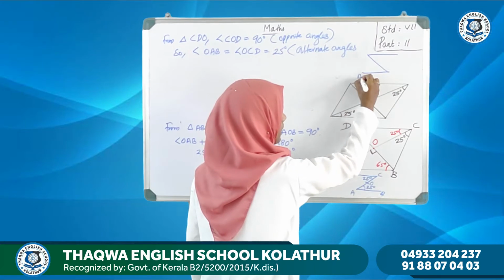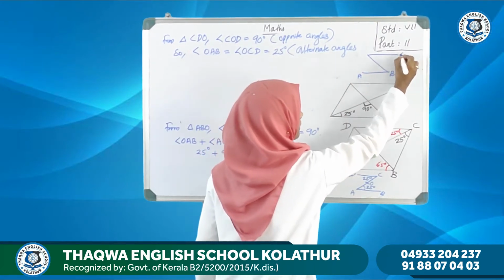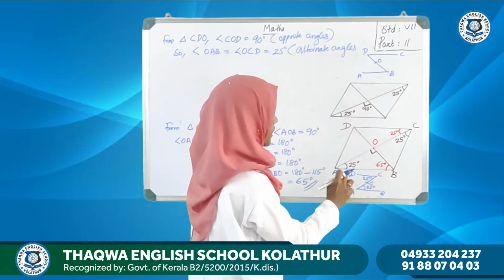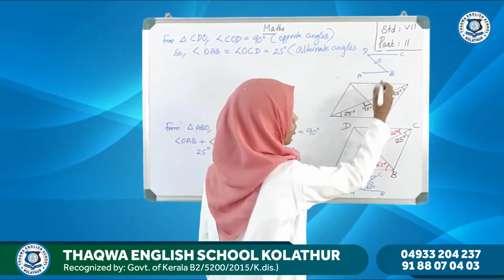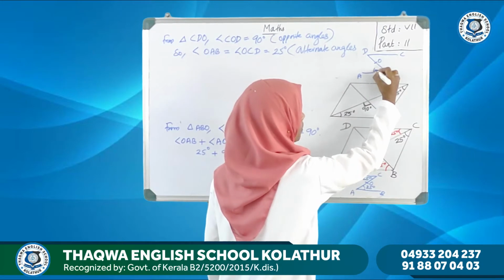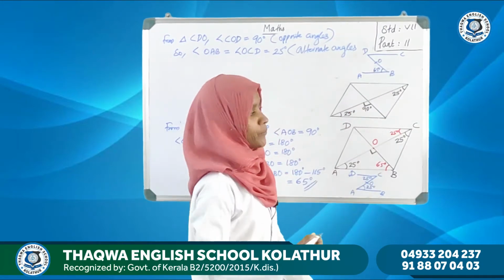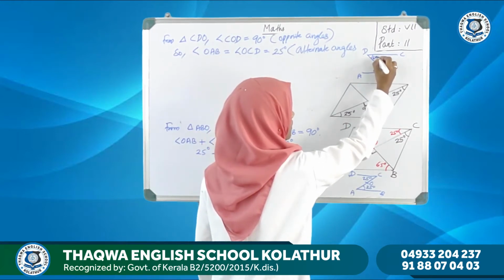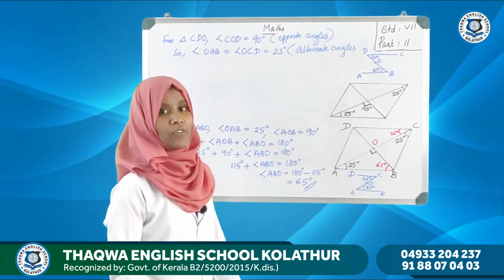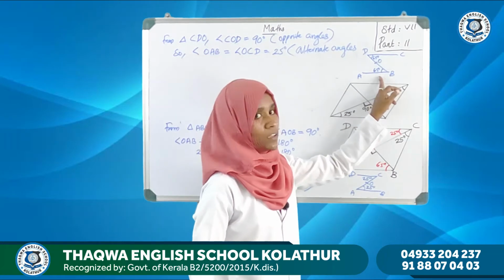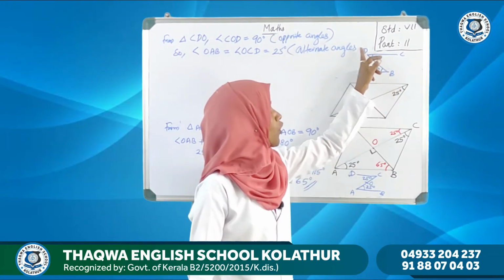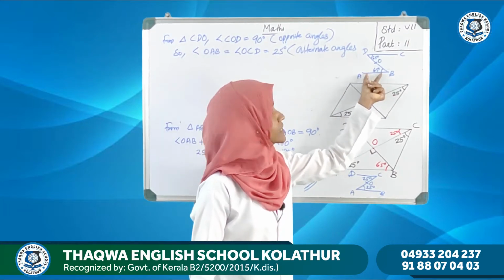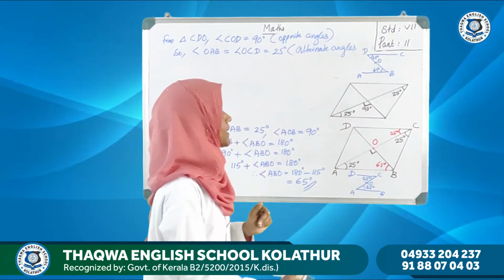Like this, A, B, C, D. Here one point O. Then angle ABO is 65 degree and angle CDO, this is also 65 degree. Why? They are the alternate angles formed by the line BD meeting pair of parallel lines AB and CD.